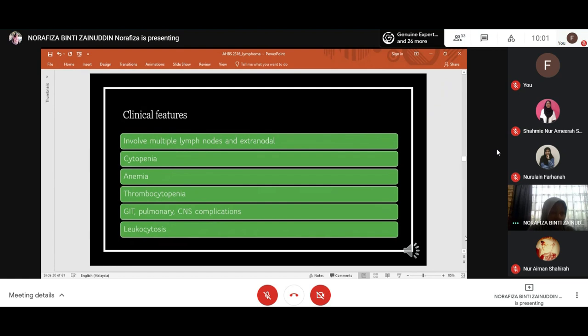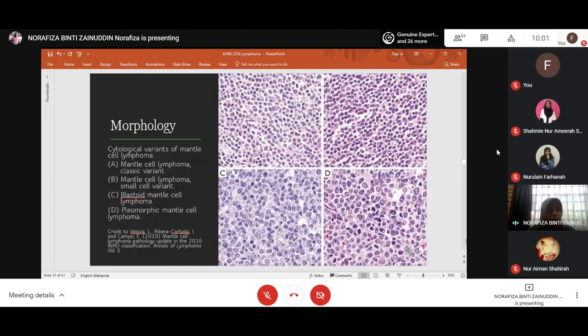Right. What else? Okay, leukocytosis. This is high white blood cell counts. This is common in patients with MCL. Right. So this is the morphology. Okay, in patients with MCL, these are the cytologic variants.